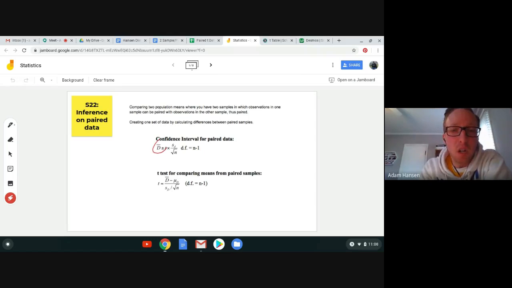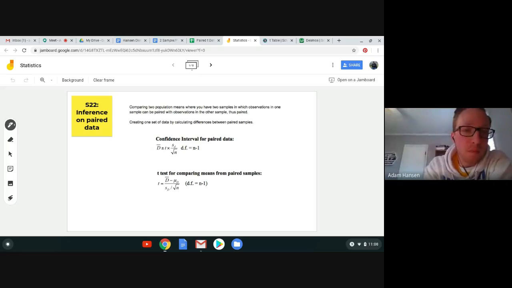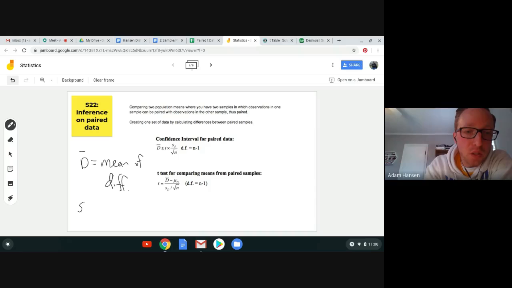This D bar, just like X bar is the sample mean, D bar is the mean of the paired differences. And S sub D, right there, S sub D is the standard deviation of the paired differences.